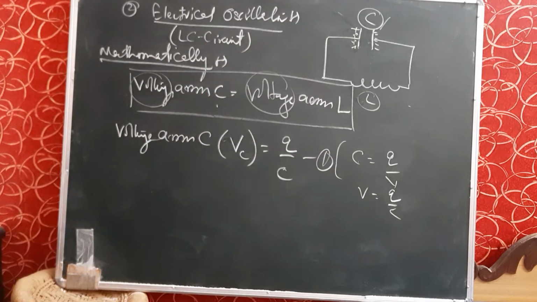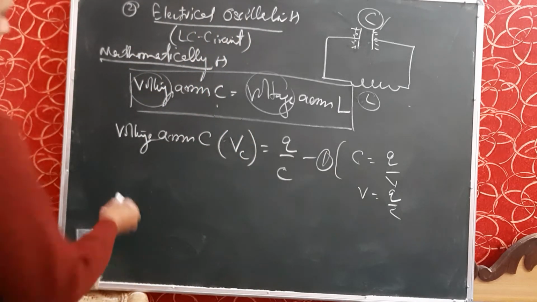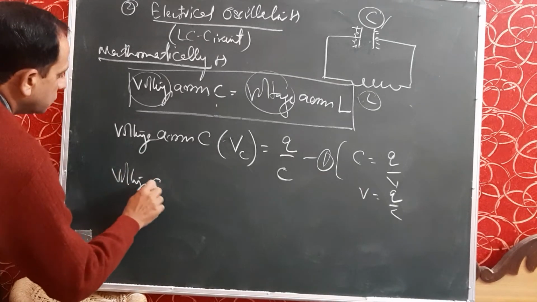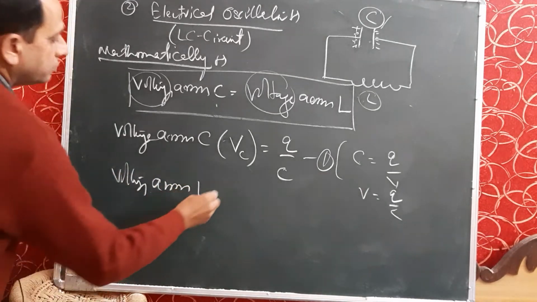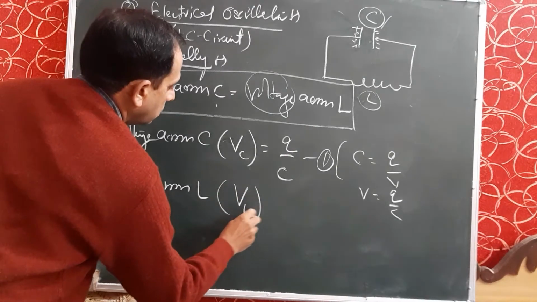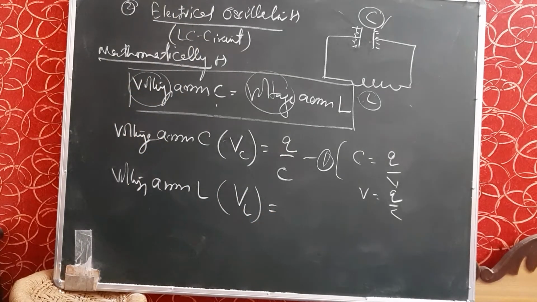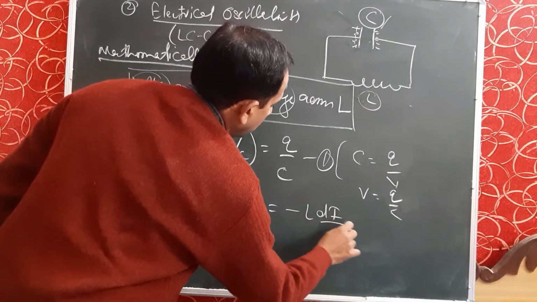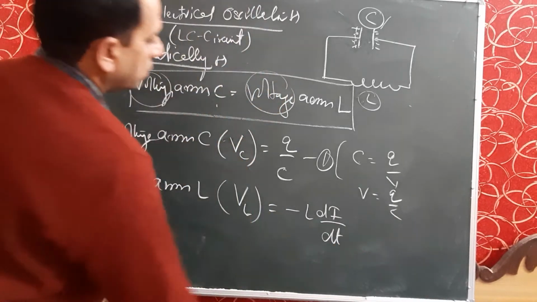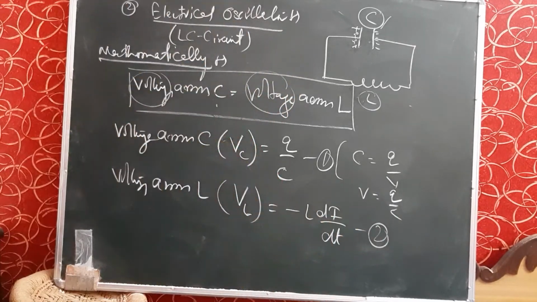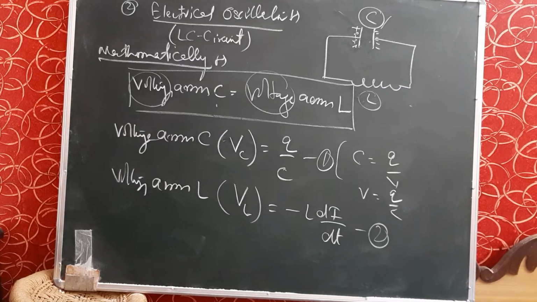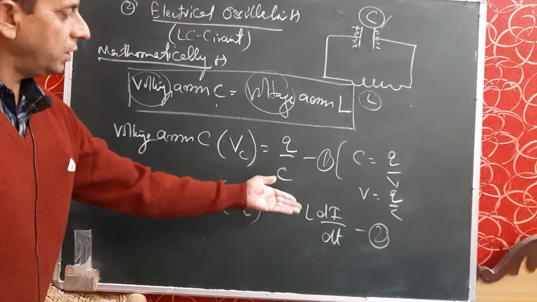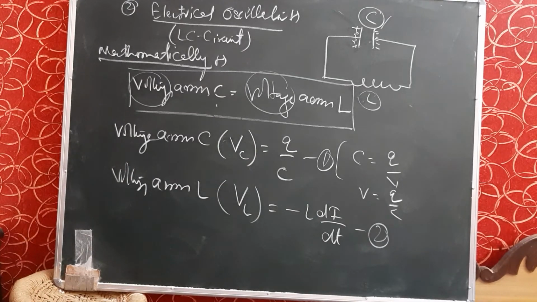Now the voltage across the inductor, VL, is minus L di upon dt. Both formulae we have read in the previous class.